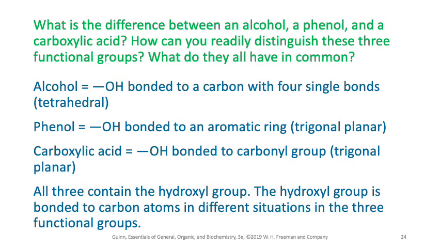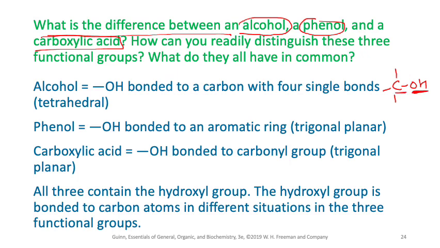Let's do one problem on this. What's the difference between an alcohol, phenol, and a carboxylic acid? How can you differentiate between them? In an alcohol, you have an OH group, a hydroxyl group, attached to a carbon that doesn't have any carbonyl group, right?